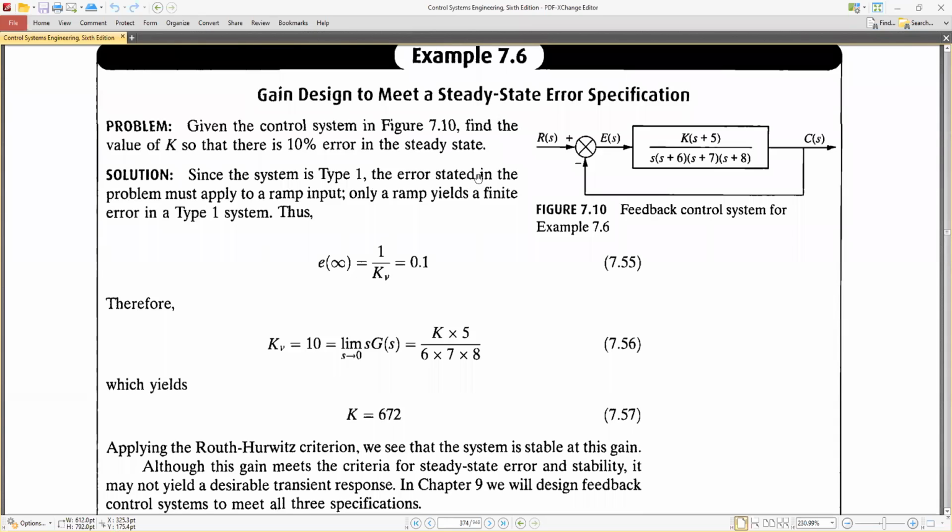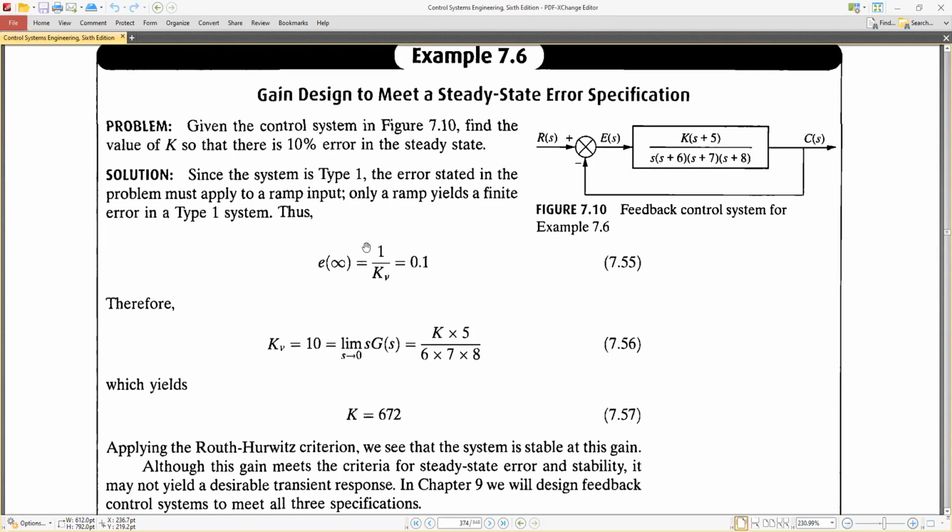And another problem is given here. Given the control system in figure 7.10, find the value of K so that there is 10% error in the steady state. So 10% error. Since the system is type 1, you have to first calculate which type of system it is.